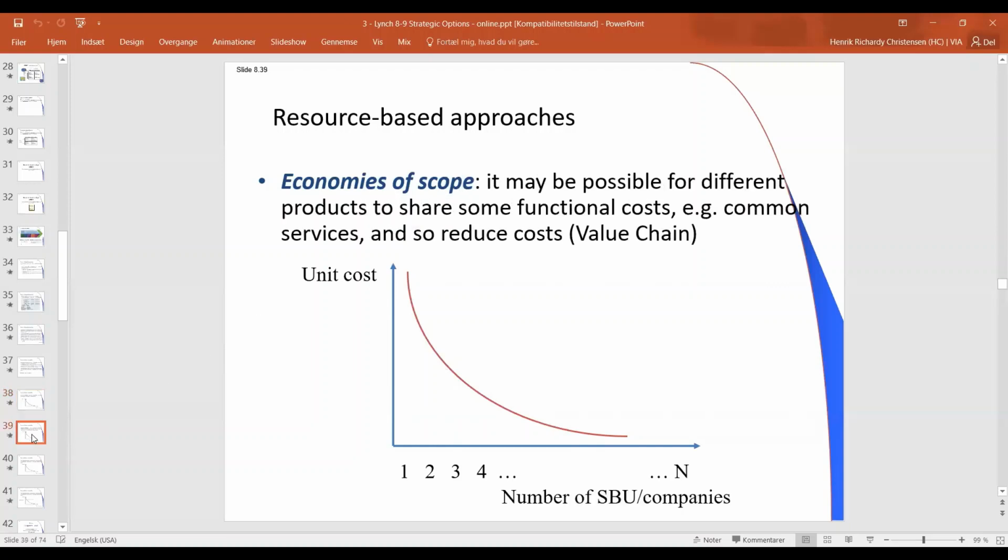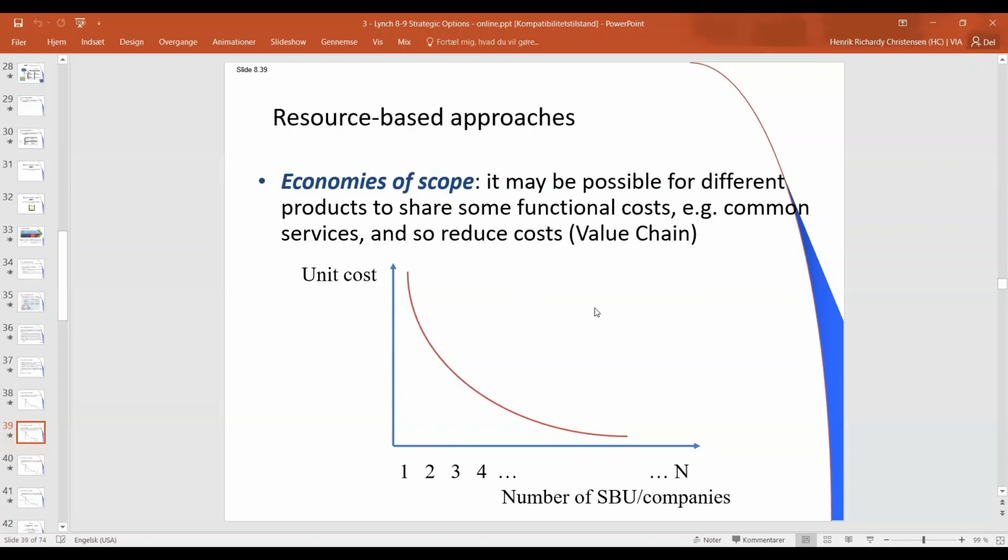Okay, this one, economies of scope. As it says here, it may be possible for different products to share some functional costs, services, etc. And one of the good things to look at here is the value chain. Because if you have different companies and a corporation that owns different companies, then all of these companies have a value chain.